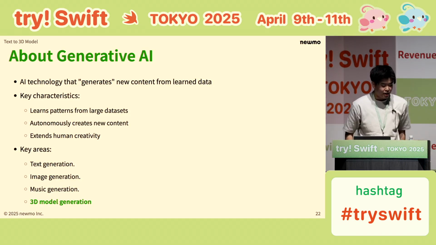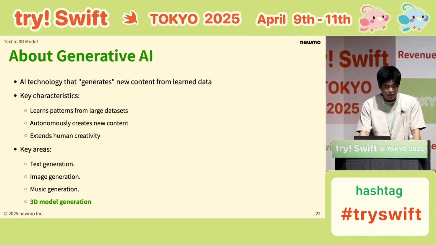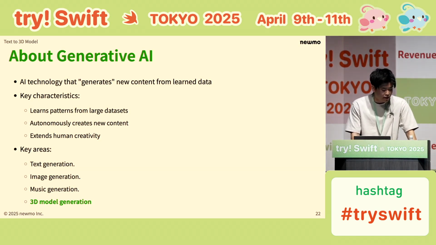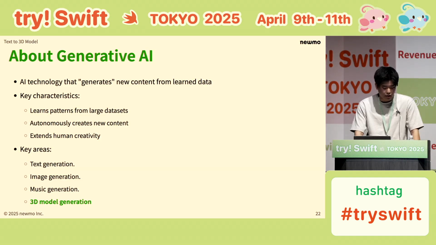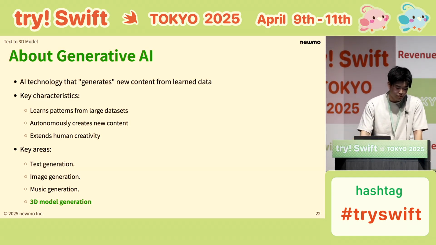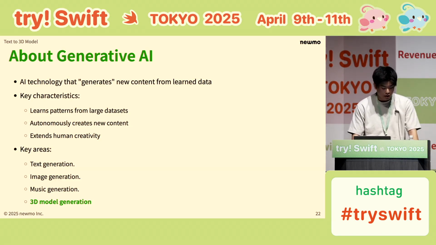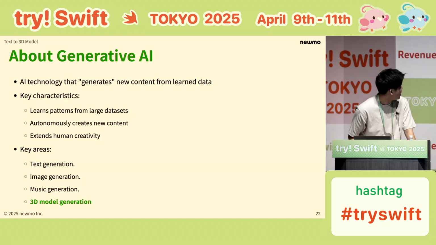It learns the basic way things are made, like text, images, music, or code, and can make new things. You might already use it for help with coding, writing emails, or maybe without knowing it in different apps. It can help people be more creative and make content automatically. Today, we are focusing on its use for making 3D models.